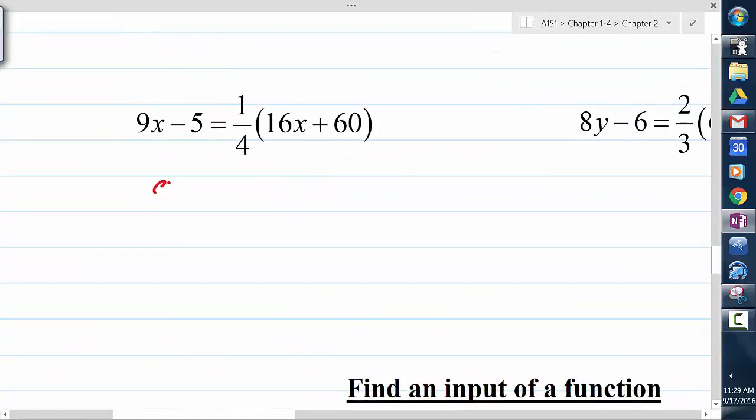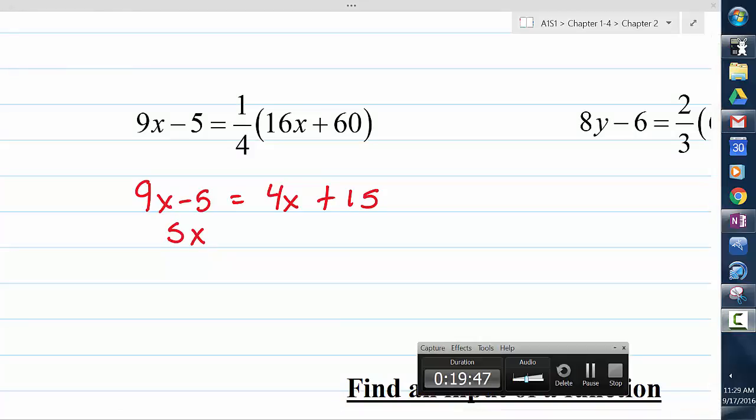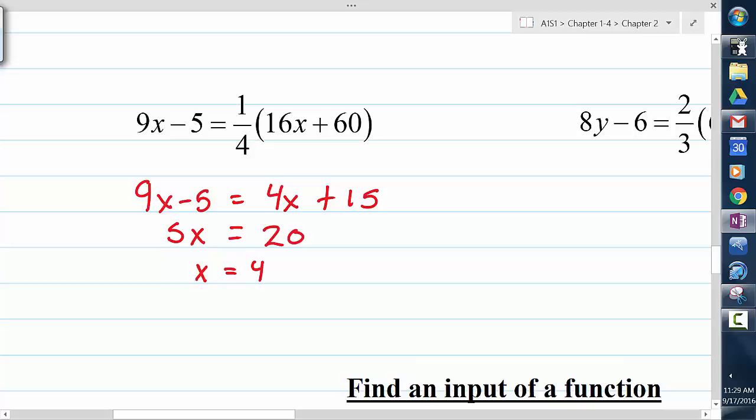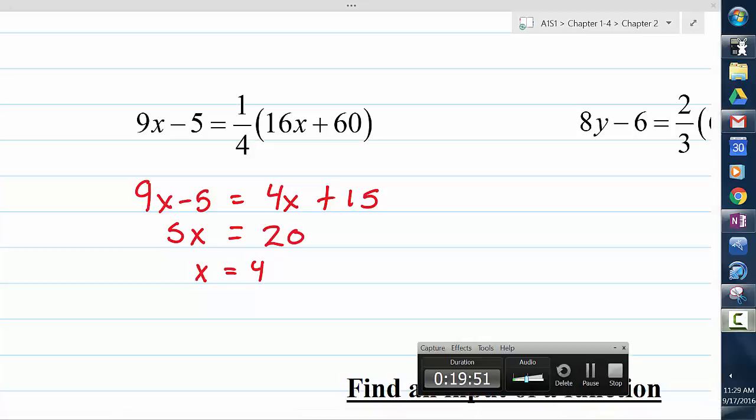So it's 9x minus 5 equals 4x plus, what's that, 15? All right, let's bring that over here. 5x, x equals 4. So hopefully you guys got the same thing with that.